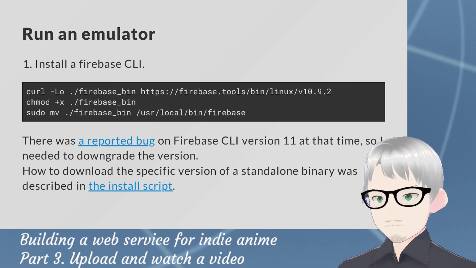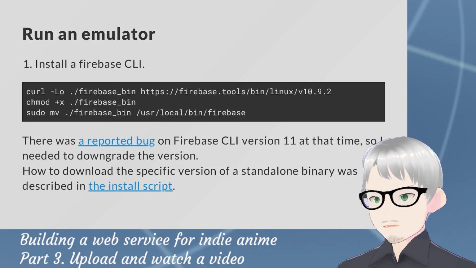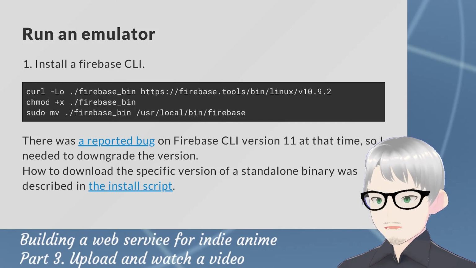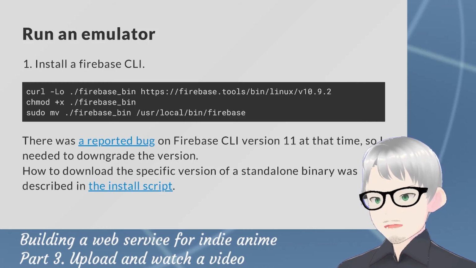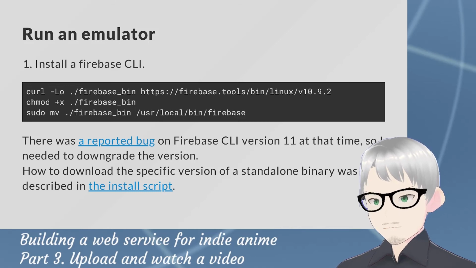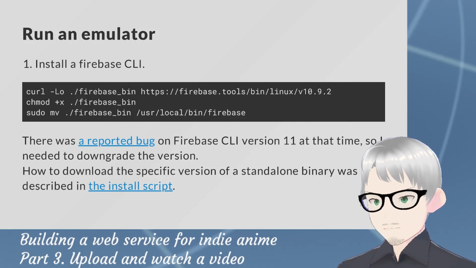Installing the emulator is actually a little bit straightforward, except that I needed to downgrade the Firebase emulator version from 11 to 10.9 because of a bug which was reported on GitHub. I used the standalone binary, and how to downgrade the version of a standalone binary was described in the install script, so I just followed that.